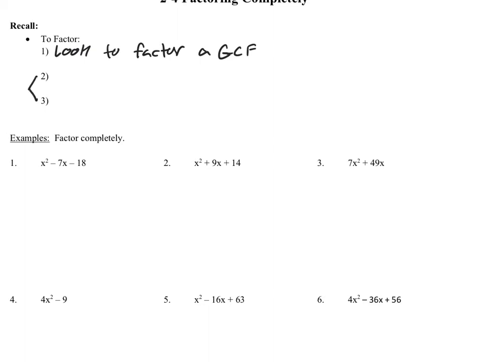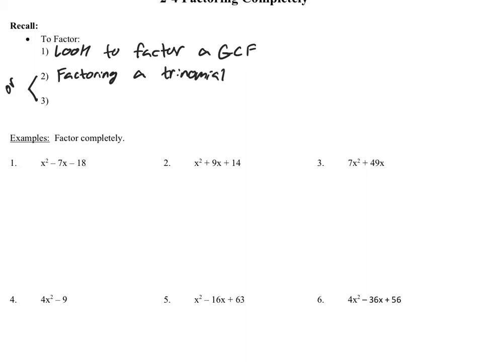And these really happen on the same level because we're going to have maybe one or the other. So maybe we stop at factoring a GCF, maybe we can't factor any further, but maybe we can. Currently we have two different strategies for factoring further than just a GCF. The first one is factoring a trinomial.